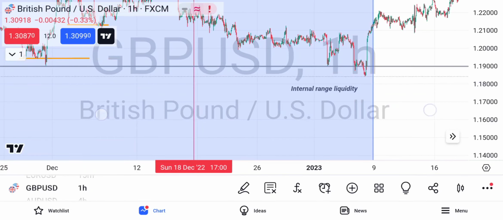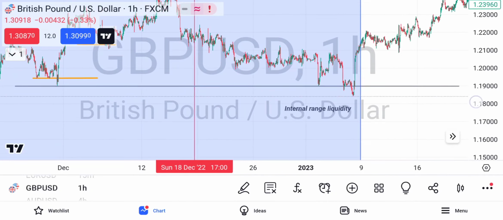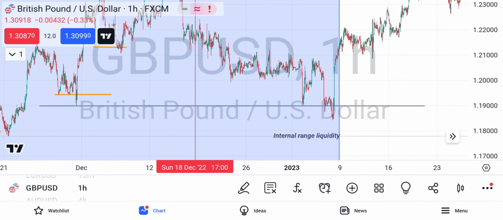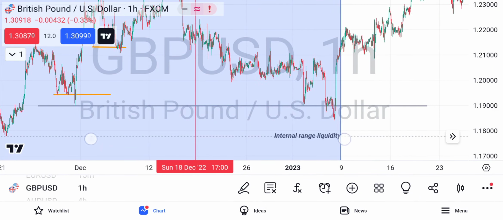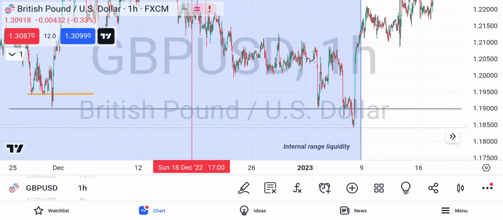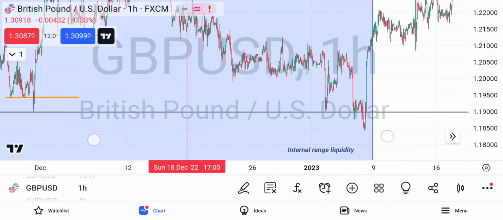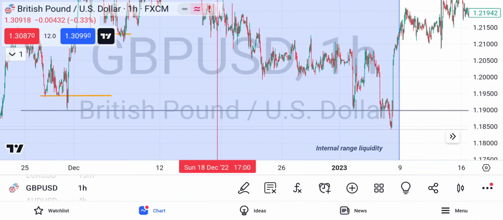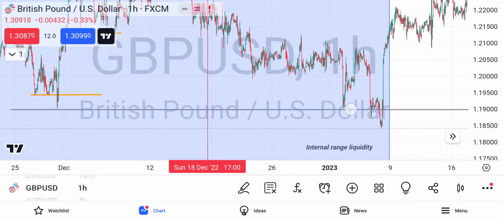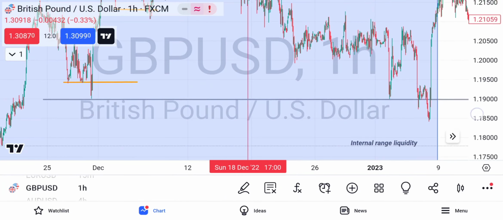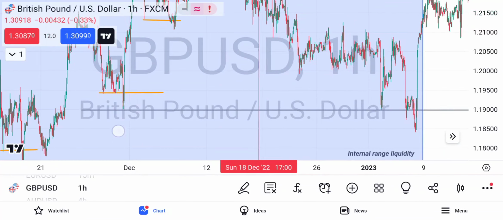So if you observe now, on reaching here to seek out this initial liquidity, what the market would have seen, or what your retail or your large funds will see, is that this is a resistance. That means the market does not want to go below this range, creating, look at it, relative equal lows.